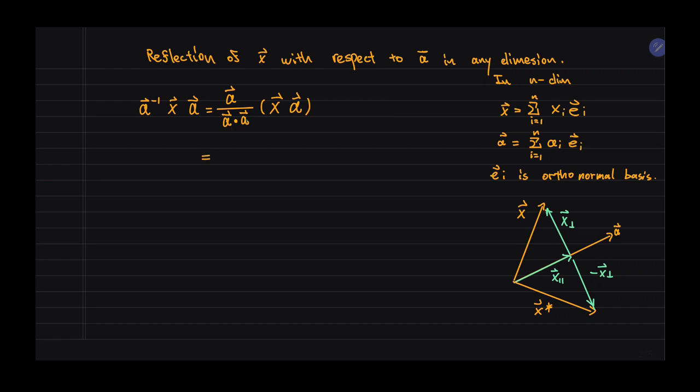Since a dot a is just a number, a scalar, and in a geometric product you can move the scalar around, I can also move it so that it is equal to vector a geometric product vector x geometric product vector a inverse.